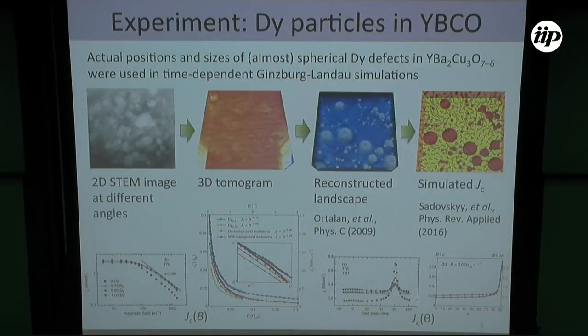Then, using special software and the fact that these dysprosium particles are almost spherical, they extracted the positions and sizes of all these particles. So they have a table with all the positions and diameters of the particles, which allows us to plug these particles into our solver as is. So we basically simulate the existing sample and compare the results.